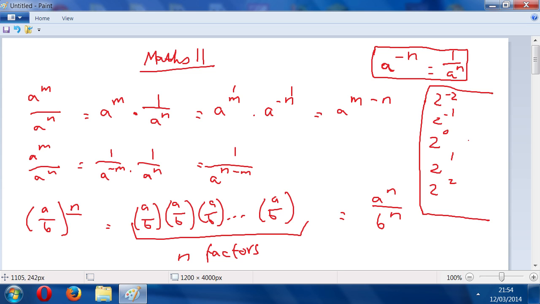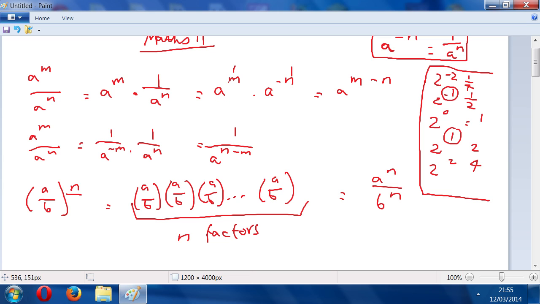So it's 1, 2, 4, and if we took minus 1 in there, 2 to the minus 1 is 1 over 2 to the 1, which is 1 over 2. And 2 to the minus 2 is 1 over 2 to the 2, which is 1 over 4. You can see that when the power is minus 1, it's simply flipped over.